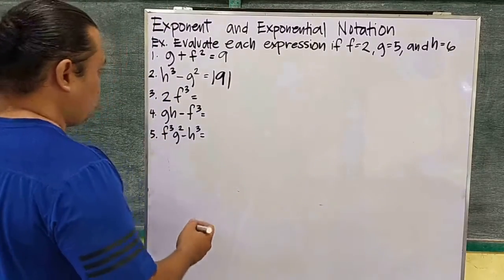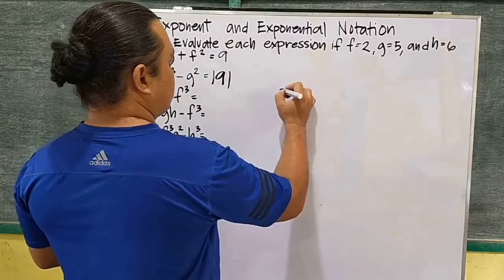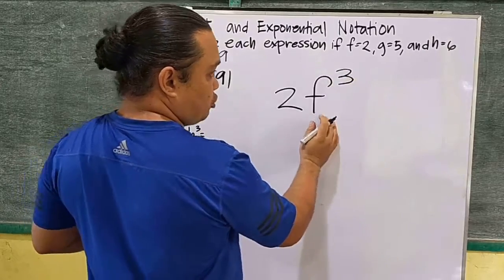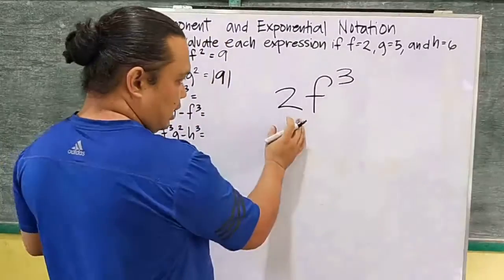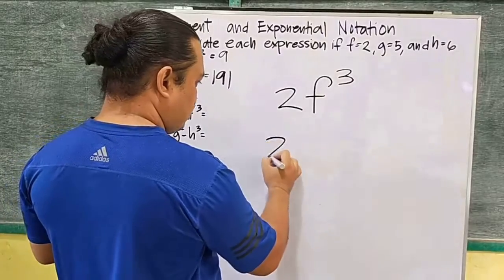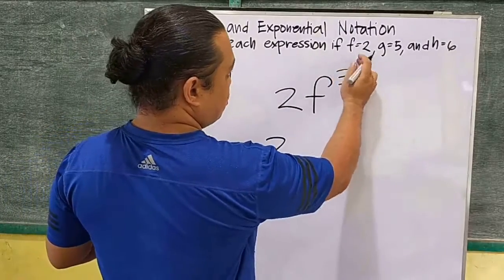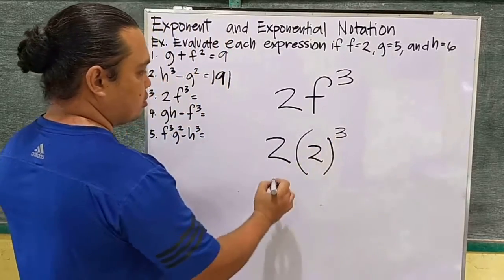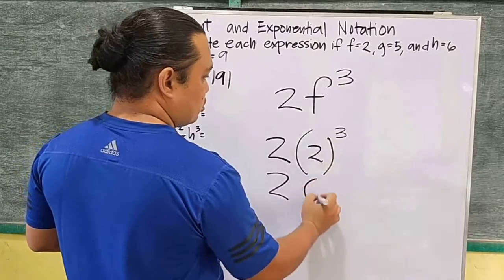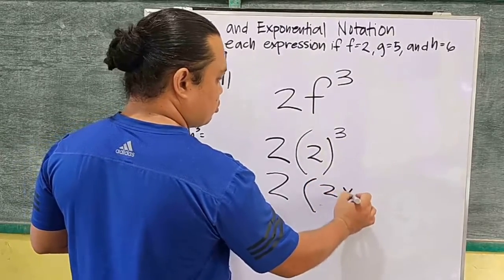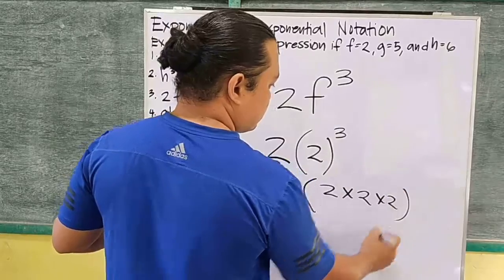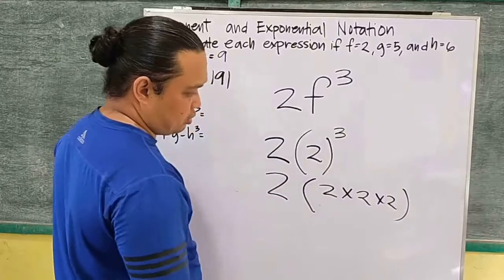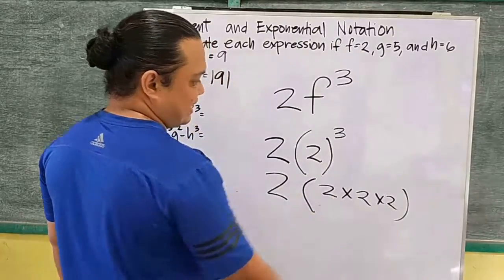Okay, number 3 is 2 f cubed, or f raised to the power of 3. Let's substitute. Now f is 2. So we have 2 cubed. Now 2 cubed is 2 times 2 times 2. 2 is our base and 3 is our exponent: 2 multiplied by itself 3 times.